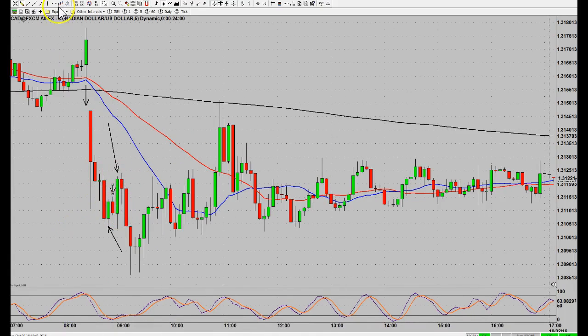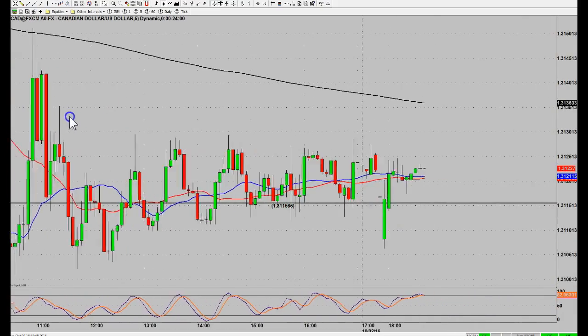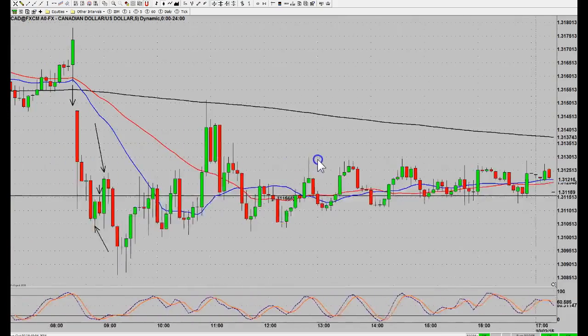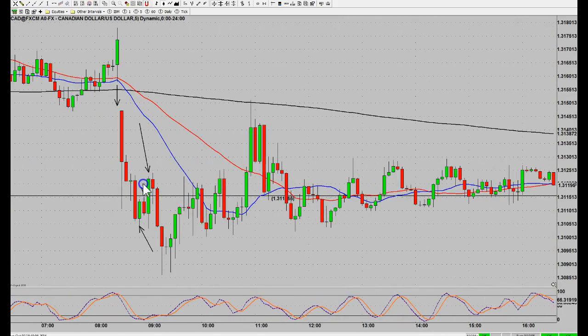Okay. But again, if I did get long on this green bar, when prices broke above 131.16 or 131.17, when prices started to break that high right there and became a buy, please notice that as you've gone through time, even though you traded above 131.17, there was no follow-through.